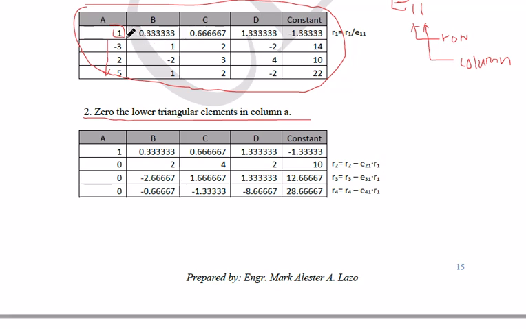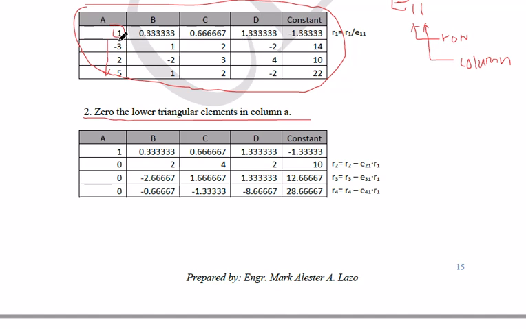So we need to make this 1, for us, for easy subtraction, because if this one will be 1 and if we have 3, in the formula, if you can see, R2 minus E21 times R1. So the element in R1, if this is 1, it will be easier for us to make this element 0, because we will be thinking only of the value.